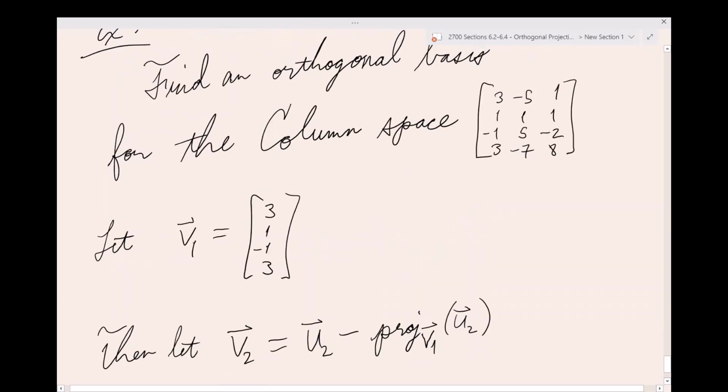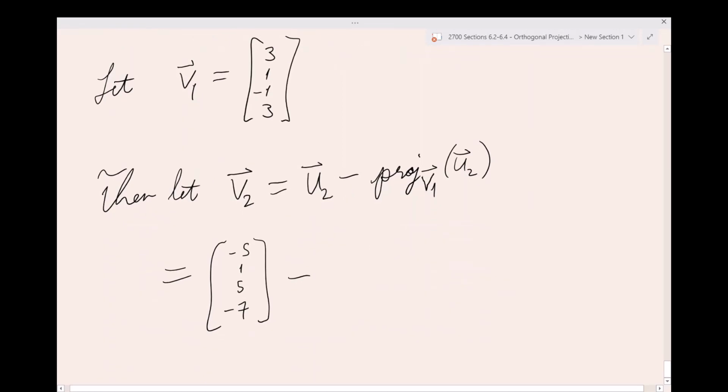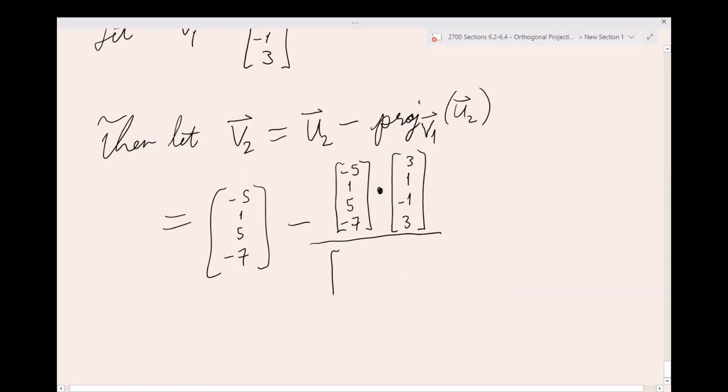I tend to fill a lot of space when I write these things. So the projection of u2 onto v1 is going to be u2 dot v1. My u2 is negative 5, 1, 5, negative 7, dot my v1, which was 3, 1, negative 1, 3, divided by my v1 dot v1, 3, 1, negative 1, 3, dot 3, 1, negative 1, 3.